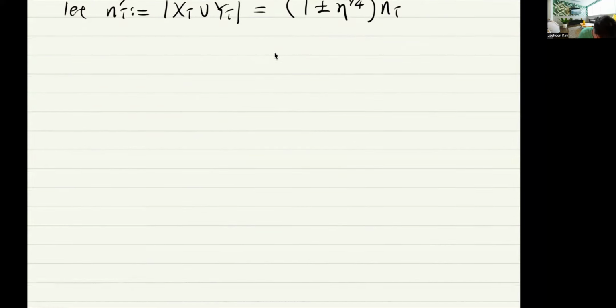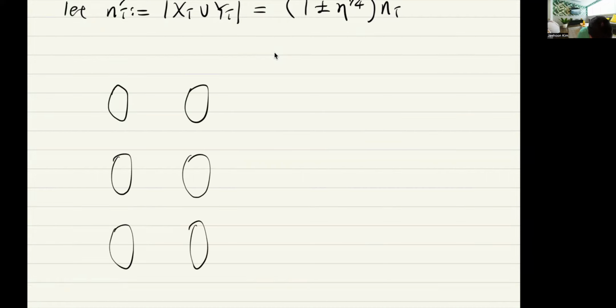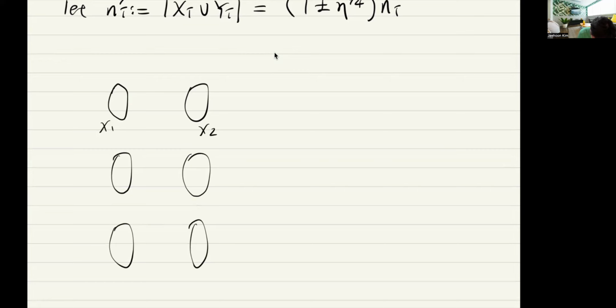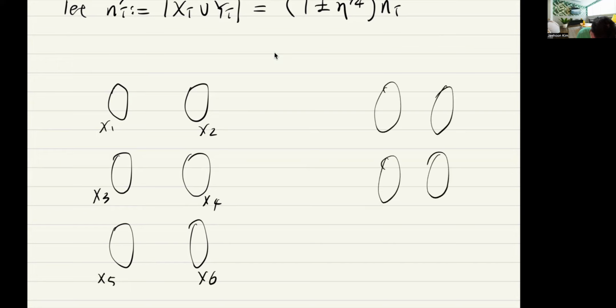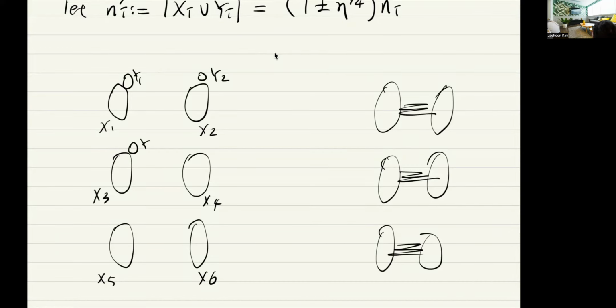Now we have a good situation. Not good, but an okay, better situation. X1, X2, X3, X4, X5, X6, and you have superregular, superregular, superregular, and then some Y1, Y2, Y3, Y4, Y5, Y6.